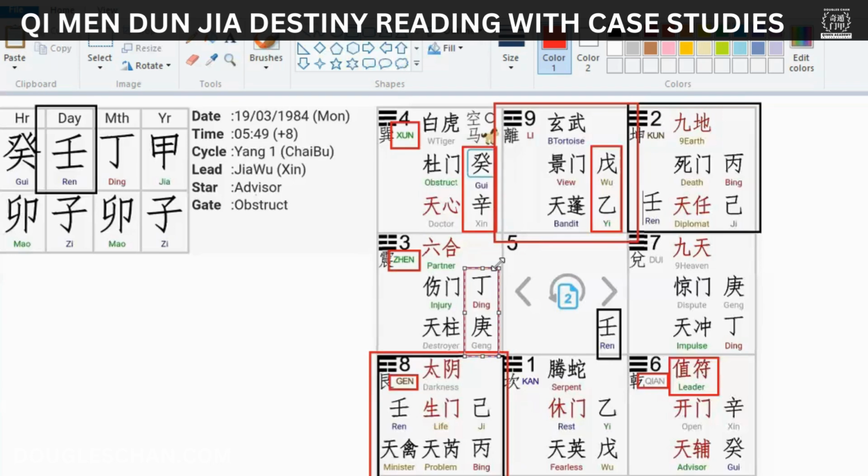Of course, having said that, we also have to see Wu and Yi. This group of people is actually pretty good in this aspect. And because this person is earth, we can look at Ren, we can look at Ji, we can look at Bing also.